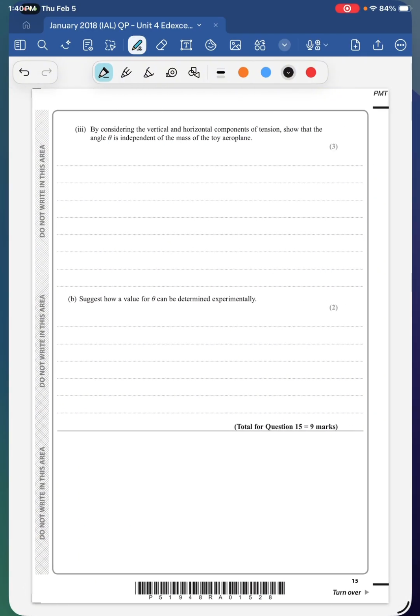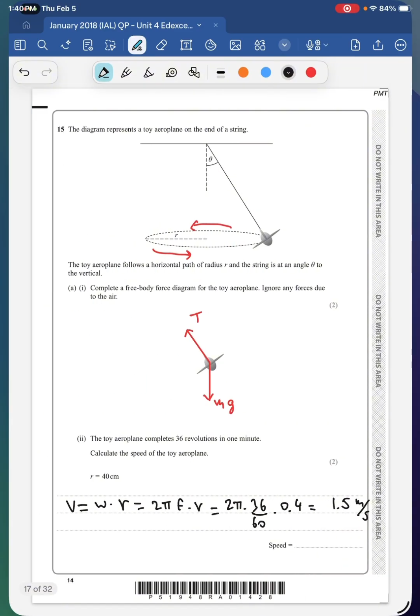Part 3. By considering the vertical and horizontal components of tension, show that the angle theta is independent of the mass of the toy aeroplane. All right, so let's go to the diagram here. Let me draw the vertical component.